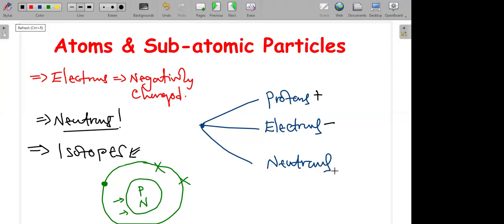So that's where you come up with the definition of isotopes: atoms of the same element, with the same number of protons and the same number of electrons, but a different number of neutrons. If the number of neutrons is different, then the mass number is going to be different.